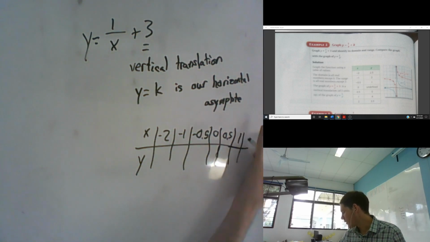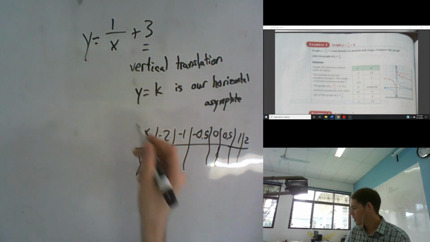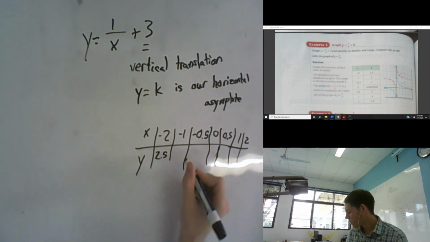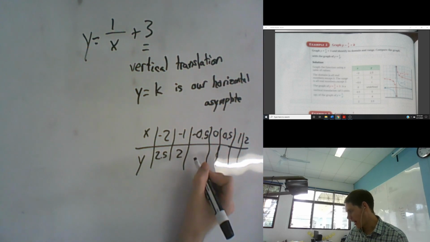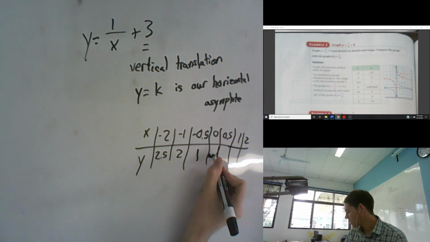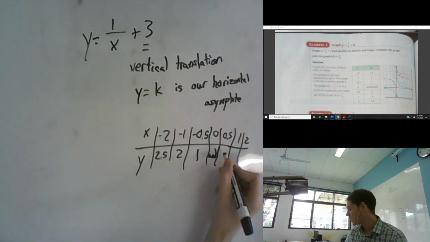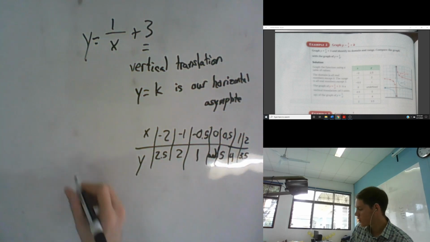Because it's kind of easier. So at -2, you plug it in, you get -1/2 plus 3, so this becomes 2.5. -1 becomes 2, and -0.5 becomes 1. This is undefined. For 0.5, if you divide 1 by 0.5, you get 2, so this is 5. And this is going to be 4. And it's going to be 3.5. If you have questions, you can do the math.